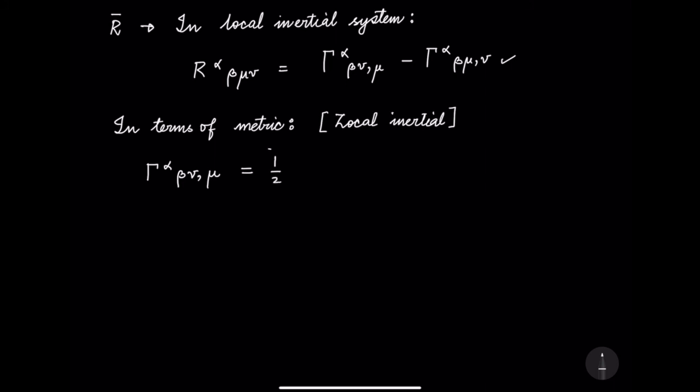First, we'll write down the entire Christoffel symbol, which is g, say, alpha eta, and this will have a derivative with respect to mu.